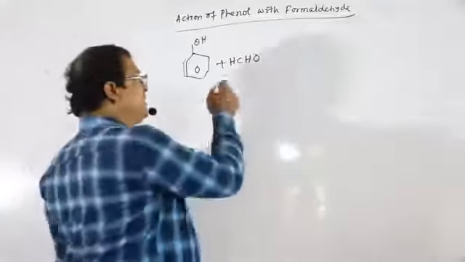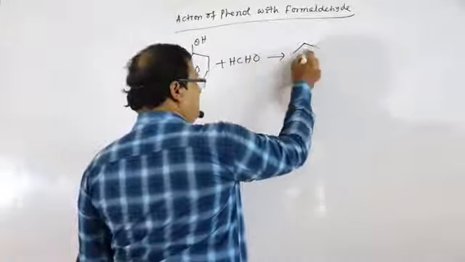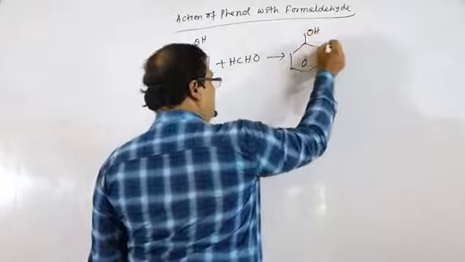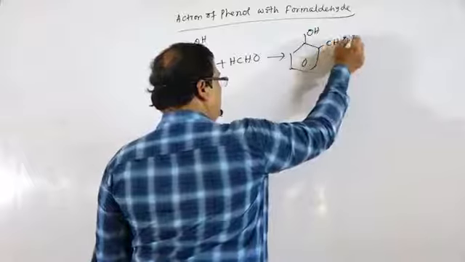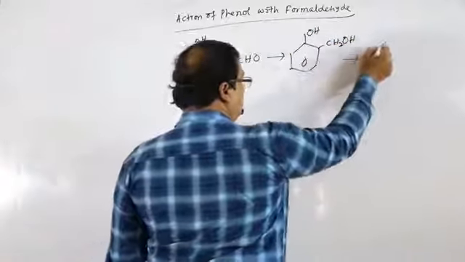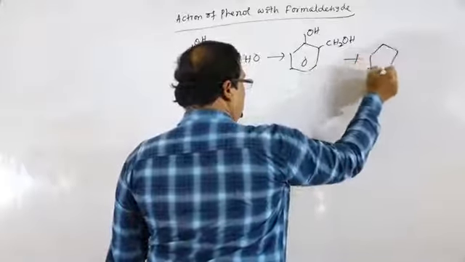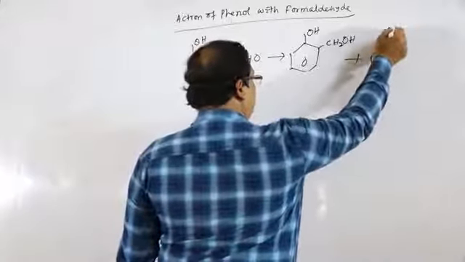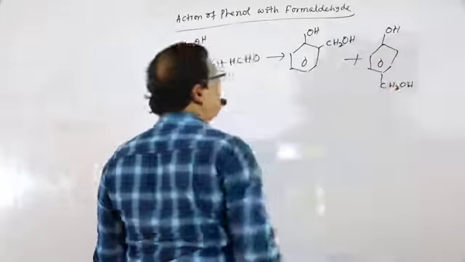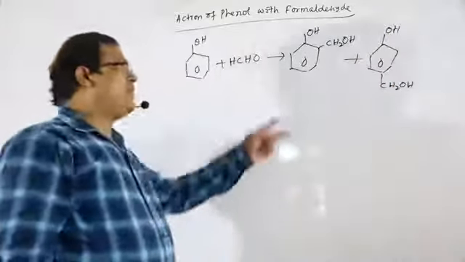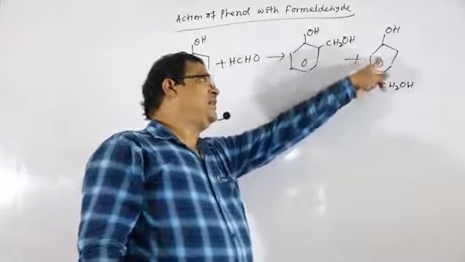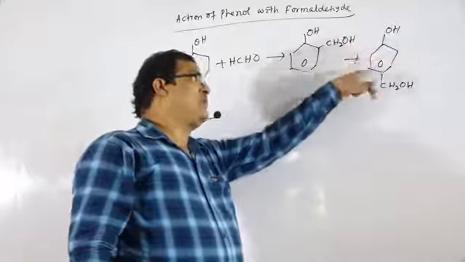So the product is ortho-hydroxy benzyl alcohol, with OH and CH2OH at the ortho position. So there is the formation of the ortho product and the formation of the para product.